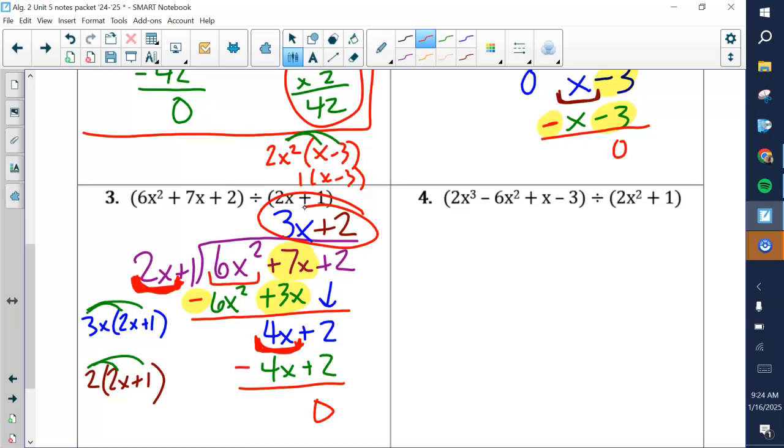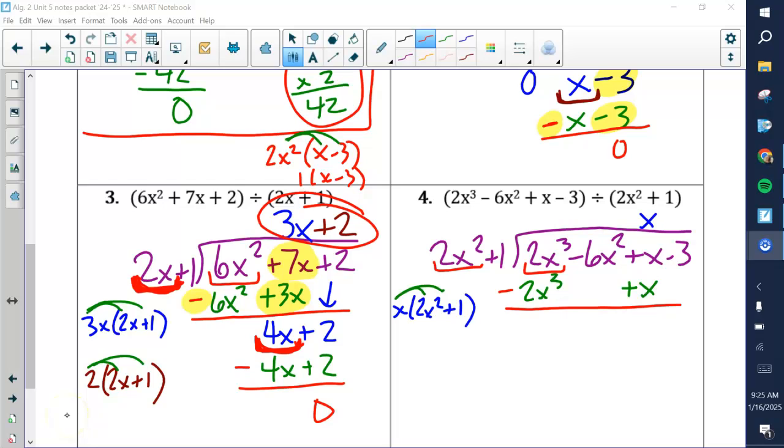Okay, try the next one on your own. Hit pause and come back to it. Okay, I am going to resume this mid-problem. When you do your first step and you find that x is going to go on top and you multiply, you distribute that x through, you need to always make sure you line up like terms.